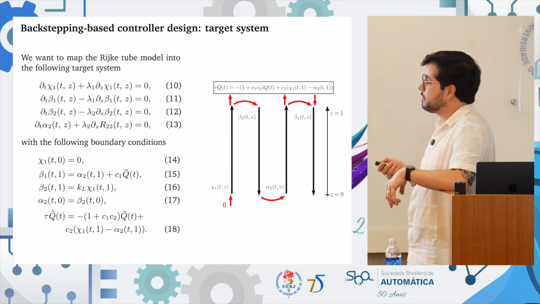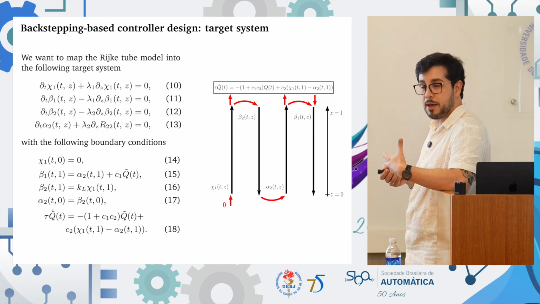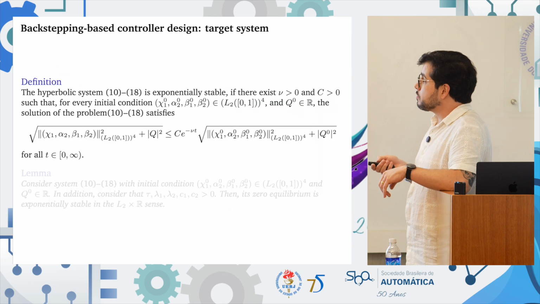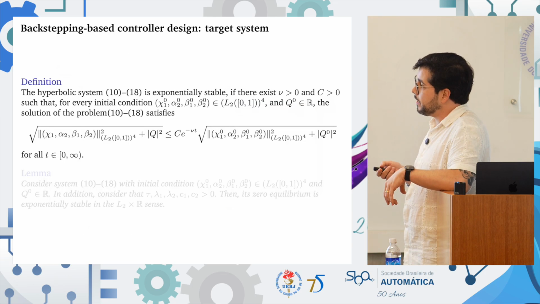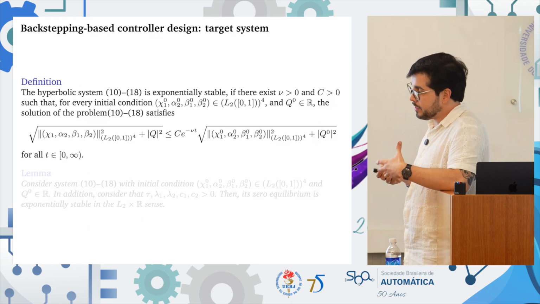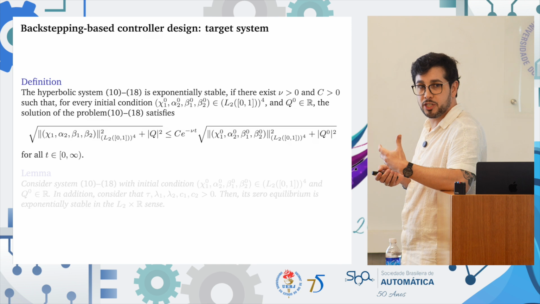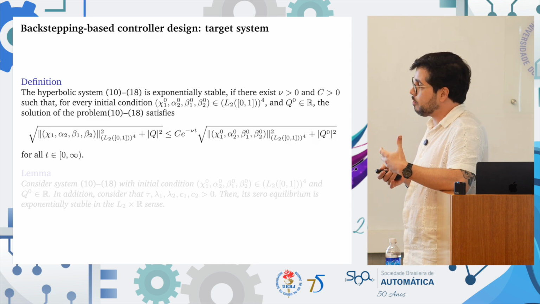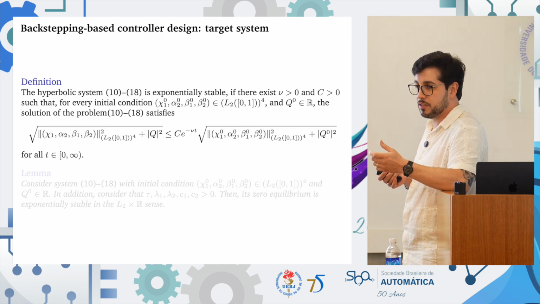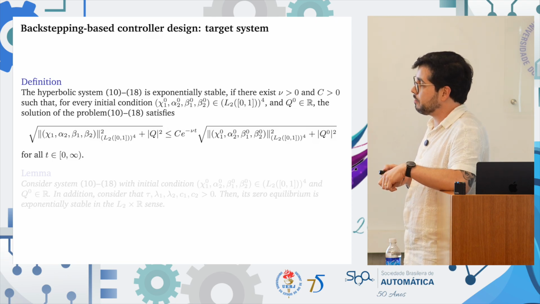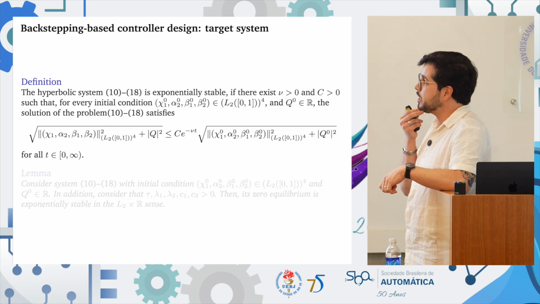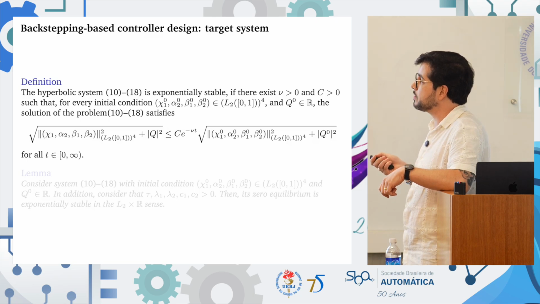Now we have to find the control law that makes this happen. First we need to know what we mean by stability. Since we are working in infinite dimensional spaces, the concept of stability is different. There is no equivalence between the norms in infinite dimensional spaces. So here, what we call exponential stability is in the L2 sense.